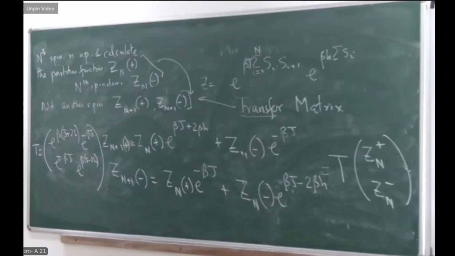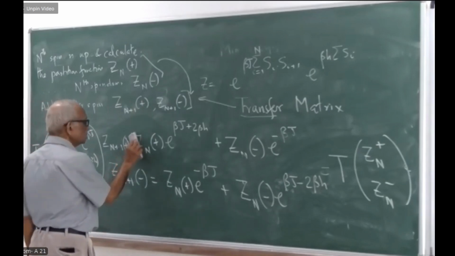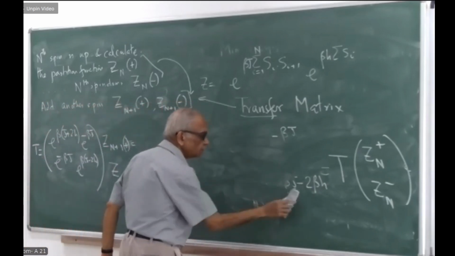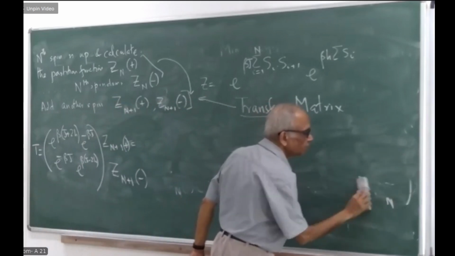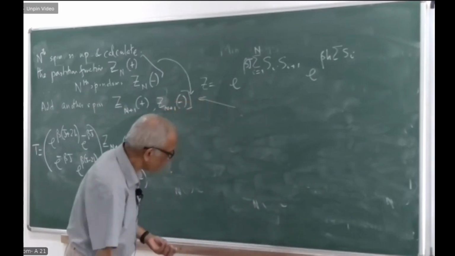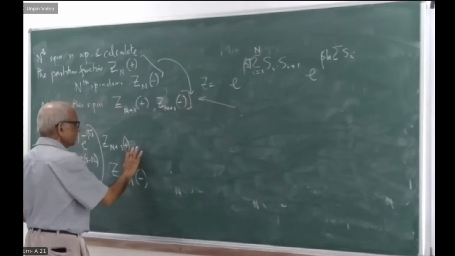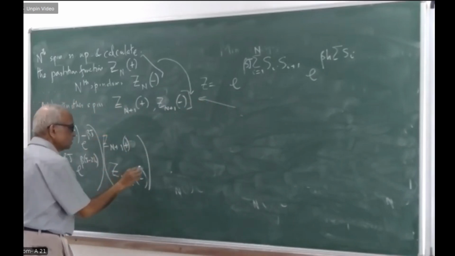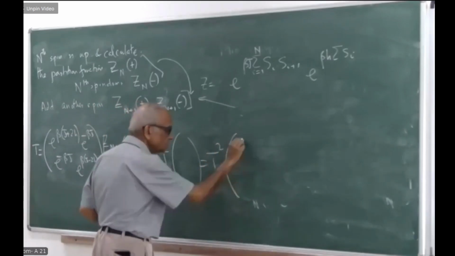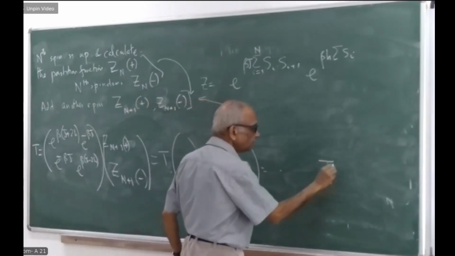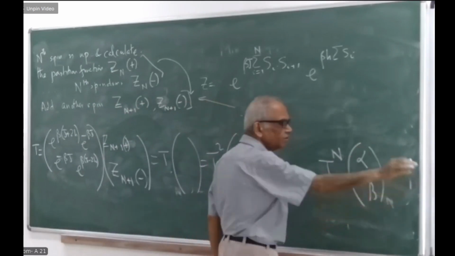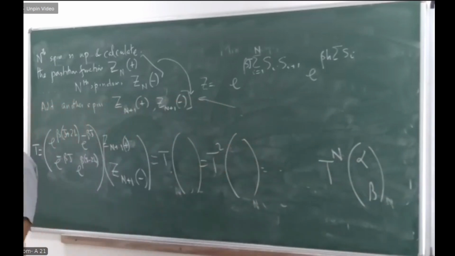So what you have is that Zn plus 1 at the last point, you have some. So this matrix will go T times something equal to T square times the previous, and after n steps will be T to the power n, and then some alpha beta, which is the lowest order vector.